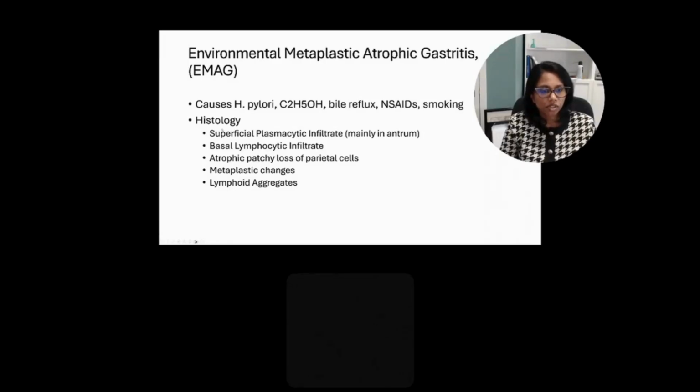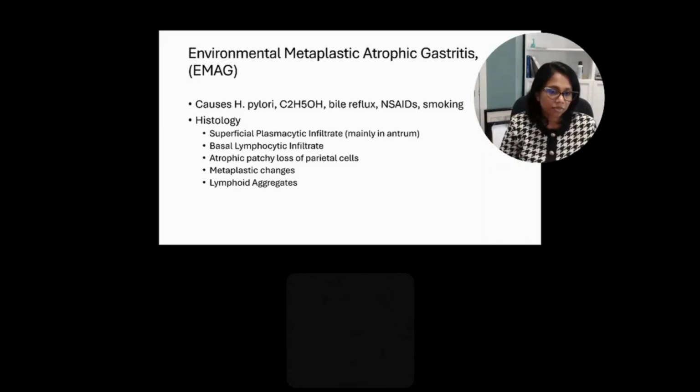In terms of histological features, you may have a superficial plasmacytic infiltrate. The degree of inflammation can vary. And importantly, I should have said earlier, atrophic gastritis is usually confined to the gastric body itself. But in the more typical environmental metaplastic atrophic gastritis, or the more typical chronic gastritis, they may affect the antrum more than the body first.